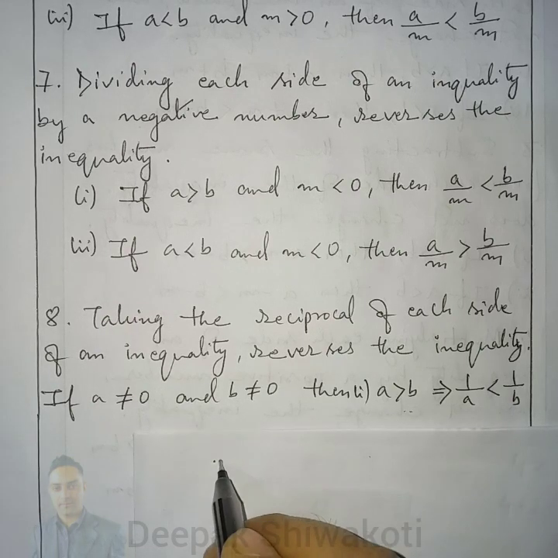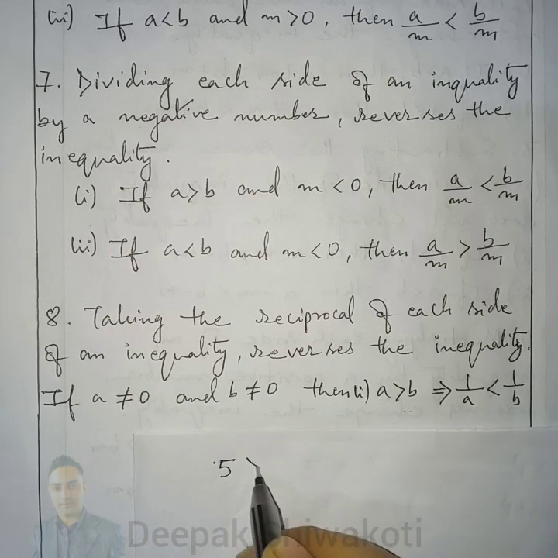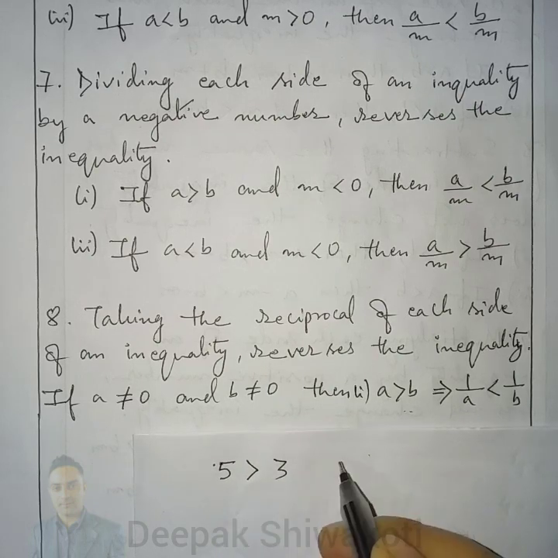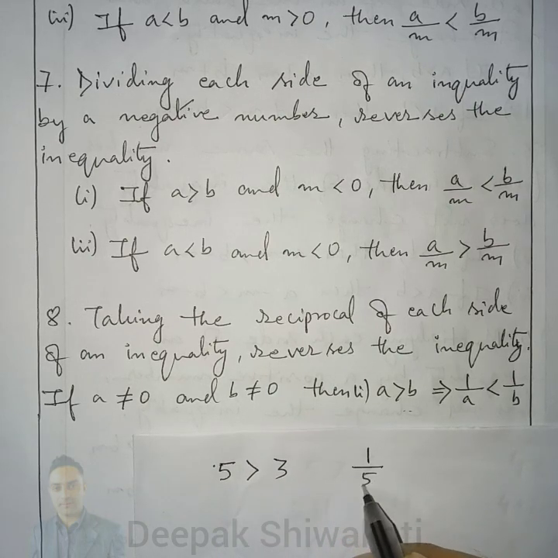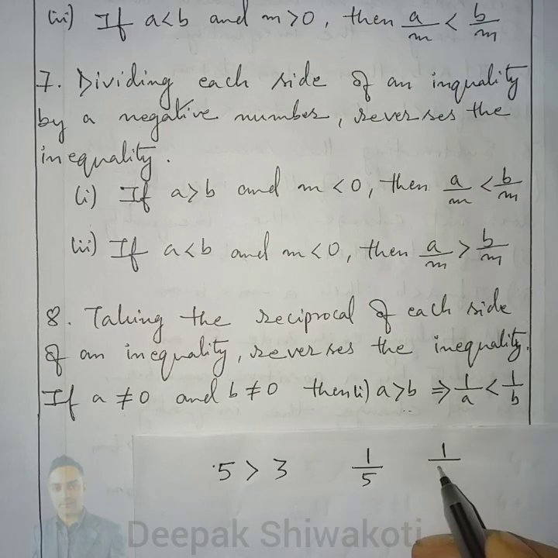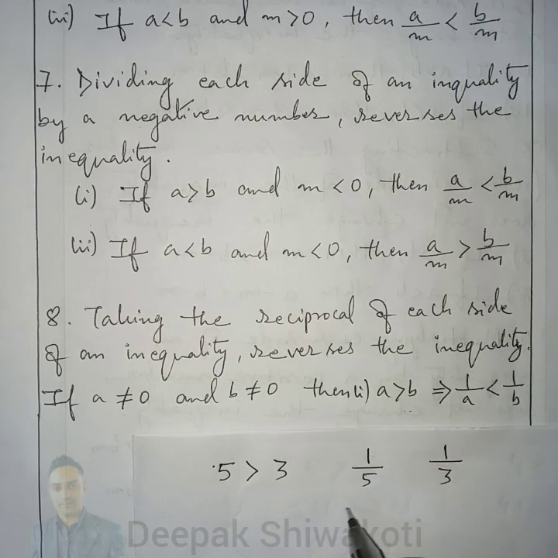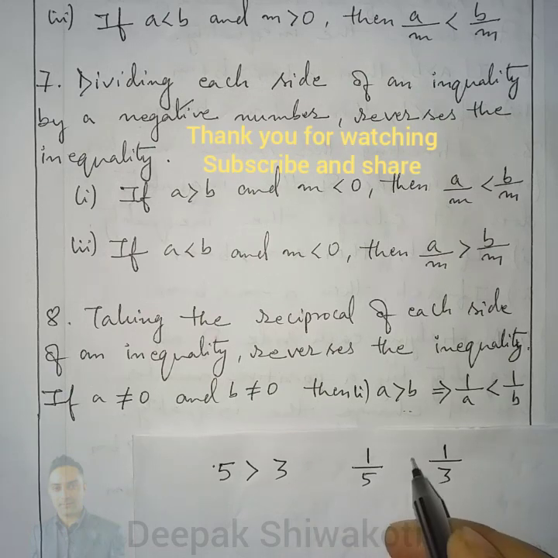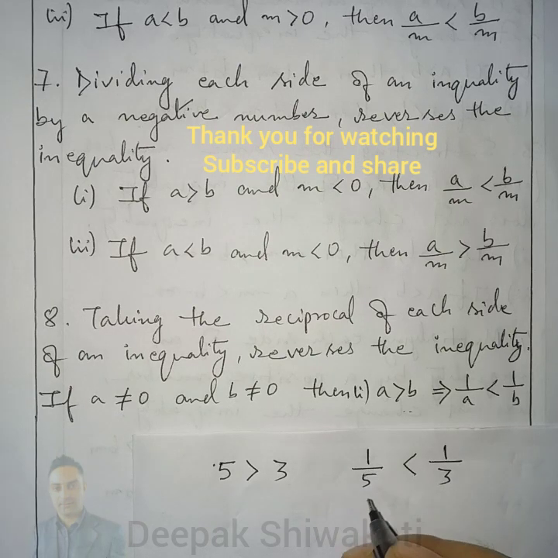Suppose here 5 is greater than 3, then the reciprocal of 5 is 1 by 5 and the reciprocal of 3 is 1 by 3. Then 1 by 5 is less than 1 by 3. This is true. So we have to remember a few points where the signs of inequalities are reversing.